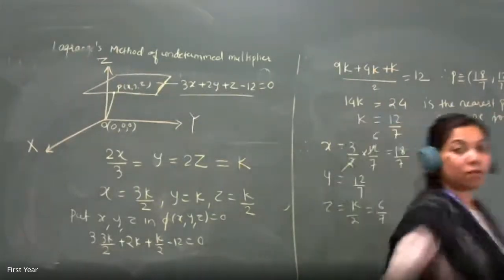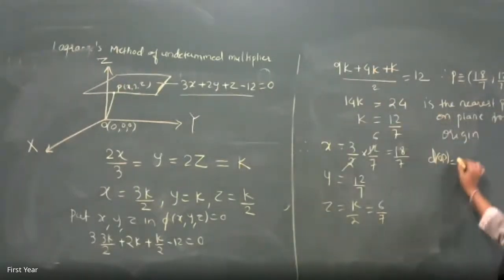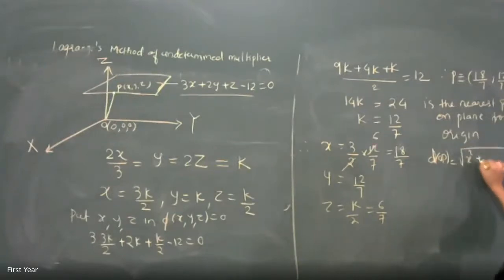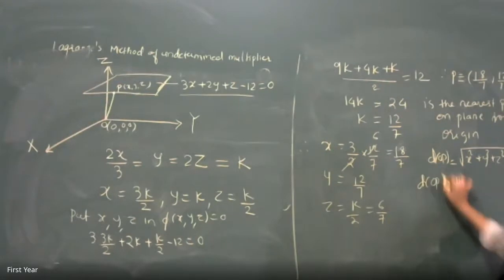What will be the formula? We have already seen the formula: square root of x square plus y square plus z square. So check that and tell me what is the distance OP. Root of 18 square plus 12 square plus 6 square divided by 7 square, which is root 14 by 7?